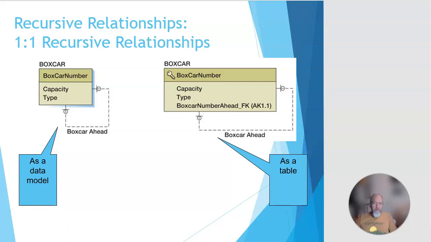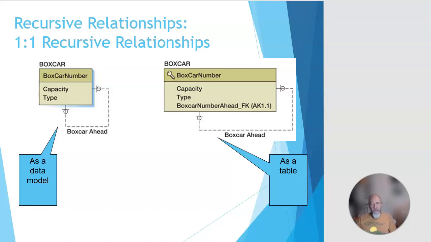Recursive relationships. This is always a fun one when you've got that foreign key to yourself. Okay, well, this is the good old linked list model, but bottom line is like in this boxcar relationship, you just say the boxcar ahead, and you point it back to the primary key of boxcar number.